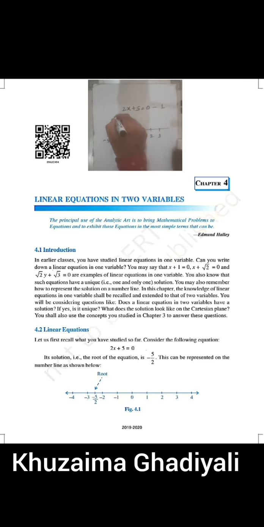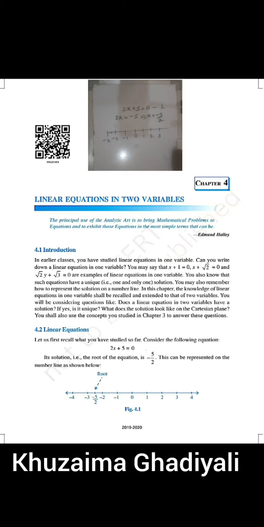So what is that one solution? If we solve, 2x is equal to -5, which will give you x is equal to -5/2. So x is equal to -2.5, then -2.5 will be in between -2 and -3, so somewhere the point will be here.